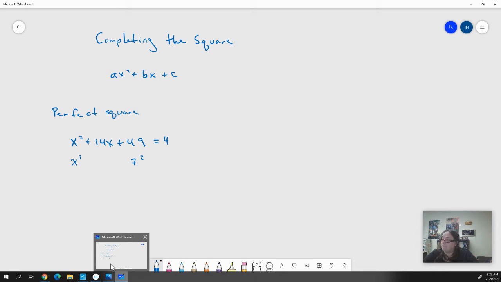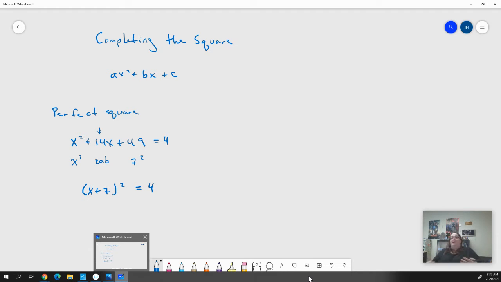And this term right here equals 2 times a times b, right? Because 2 times x times 7. And so when I have anything in this fashion, these perfect square trinomials, it allows me, if this is positive, to write this as x plus 7 squared equals 4, right?